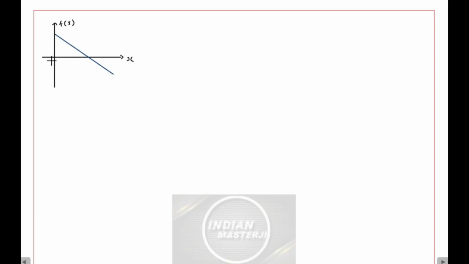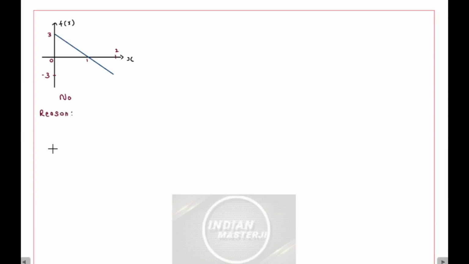I'll give certain values for x. Suppose here x is 0, here x is 1, and this value is 2, and here this value is say -3 and this value is 3. So if I ask you whether this graph represents a probability density function, then the answer is no. Why? What is the reason?